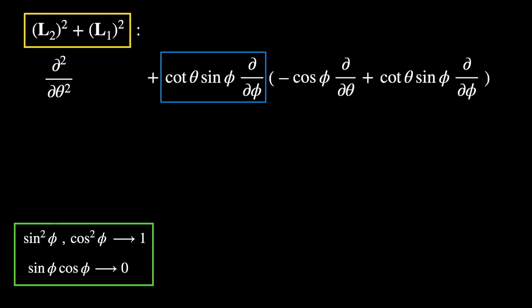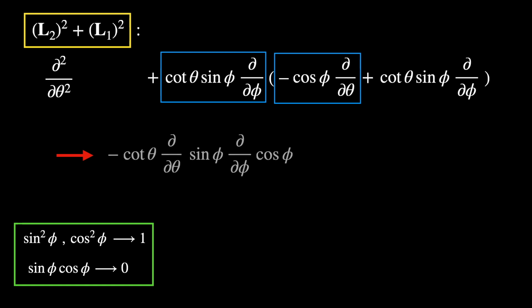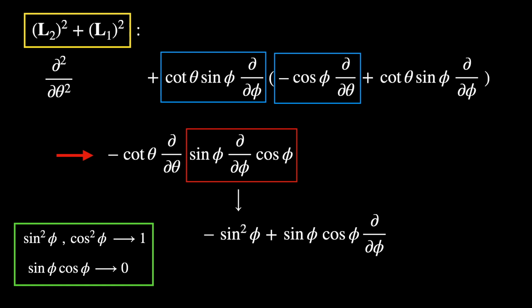Let's look at the product in the blue boxes. First note that the derivative theta can be moved all the way to the back, next to the cotangent. We can then concentrate on the red box, which consists of only functions of phi. This is a simple derivative. Expanding this out, we get the following differential operator.